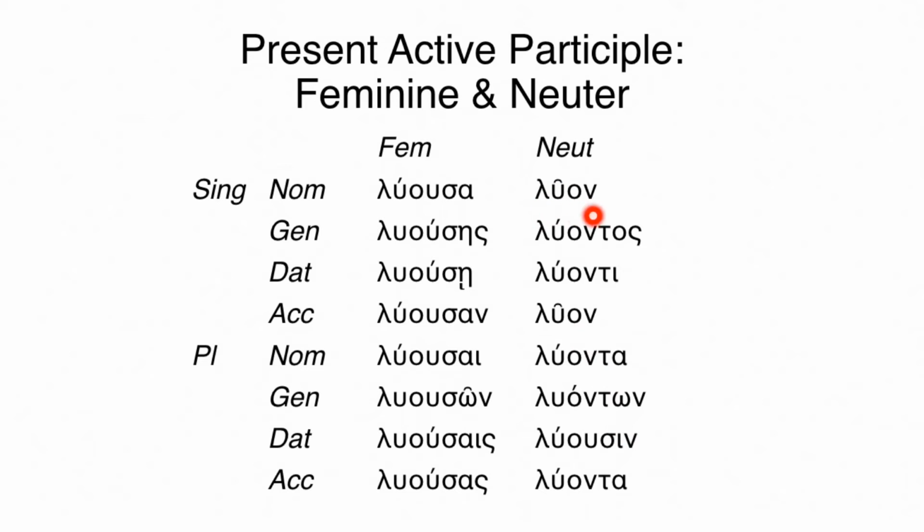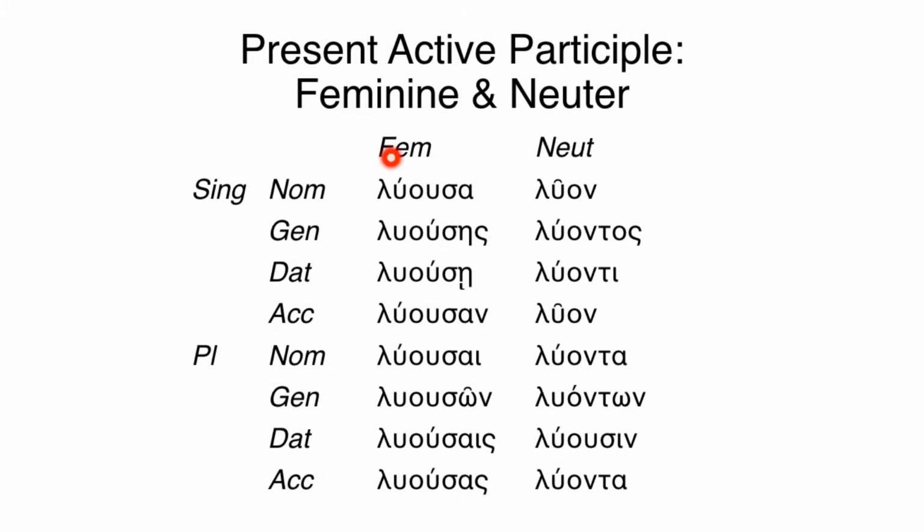Luon or leon, luontos or leontos, luonti or leonti, luon or leon, luonta or leonta, luonton or leonton, luusin or liusin, luonta or leonta. So these are the neuter forms for the present active participle.